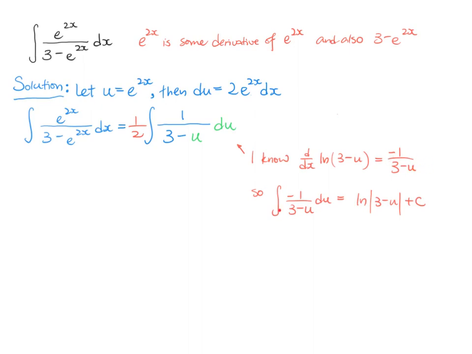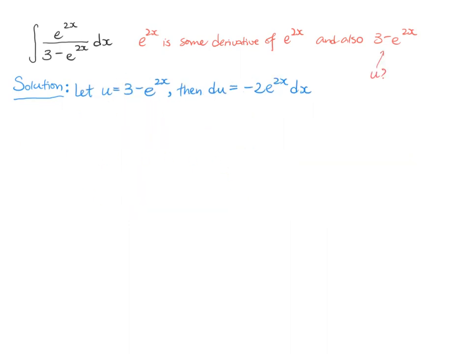And so we know that the integral of negative 1 over (3 minus u) du would be the ln of this thing. Therefore, we just need to add this negative here. And so with the negative here, this is the answer. And back with the substitution of u, here's the final answer.